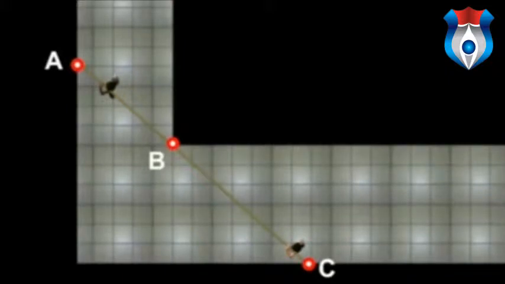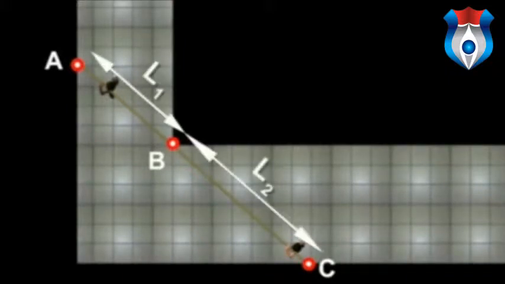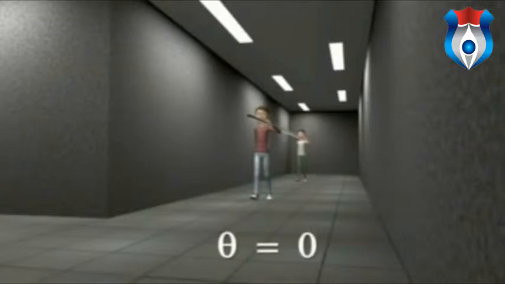Let's assume that the length of the pipe in the small hallway is L1, while L2 is the length of the pipe in the large hallway. Now, if theta is equal to 0, then the pipe is completely inside the wider hallway.